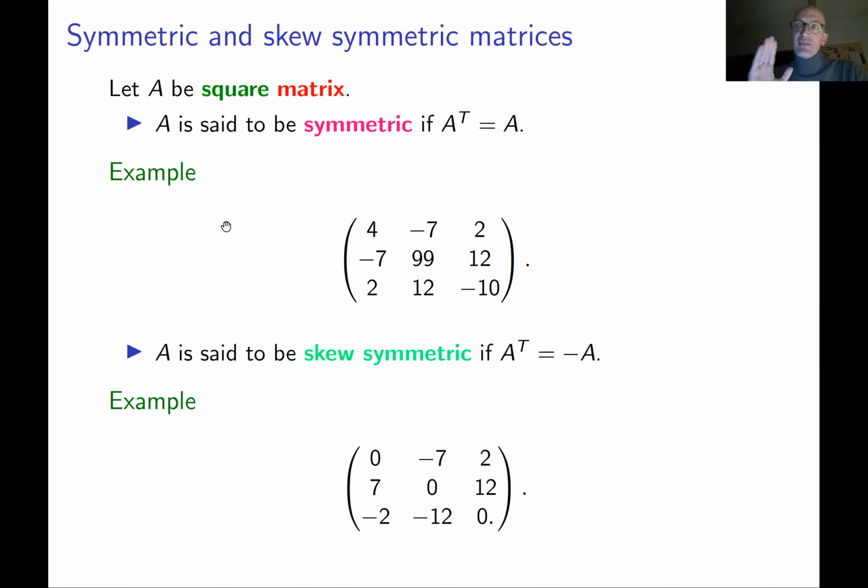Anyway, just know what they are. This is an example of a skew-symmetric matrix. If you reflect in the diagonal, you get minus the original matrix. And of course, the diagonal must be 0. Why? Because an element on the diagonal remains in the same place when you transpose, so it must be equal to minus itself. So it must be 0.